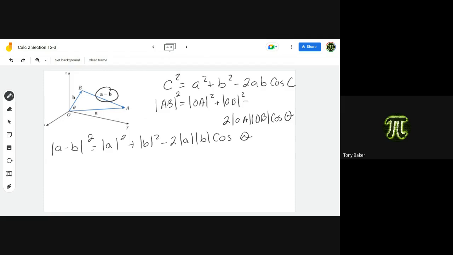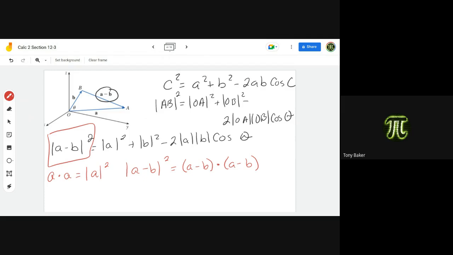Let's just look at this side for a second. We just did a rule that said the dot product of A and A is that, right? So A minus B squared is the same as A minus B dot A minus B, correct?